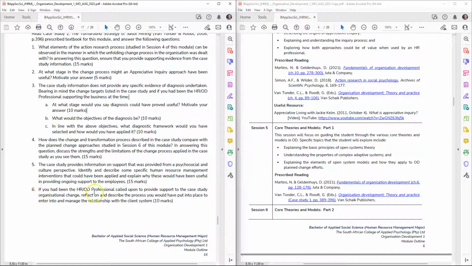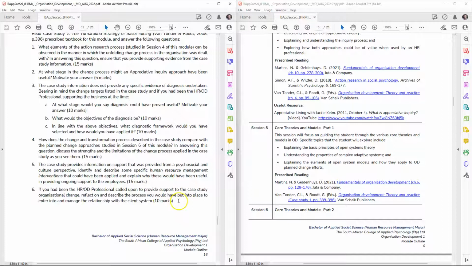And then question 6: if you had been the HROD professional called upon to provide support to the case study organizational change, reflect on and describe the process you would have put in place to enter into and manage the relationship with the client system.